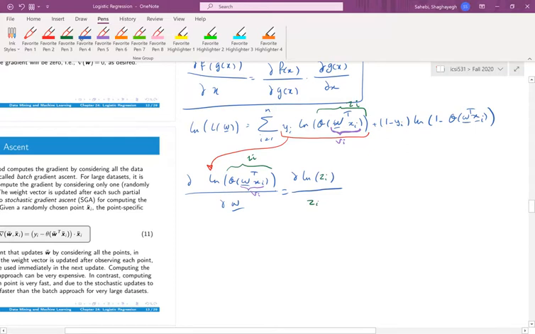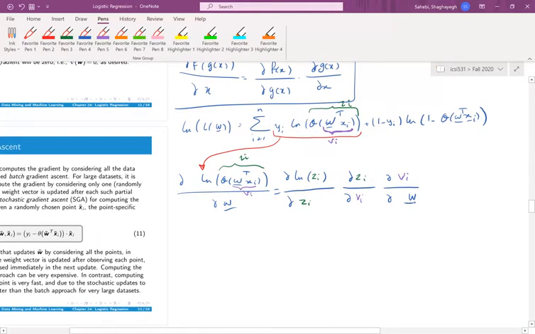I'm applying chain rule here, multiplied by the derivative of Zi with respect to Vi, and multiplied by the gradient of Vi with respect to our W, right?